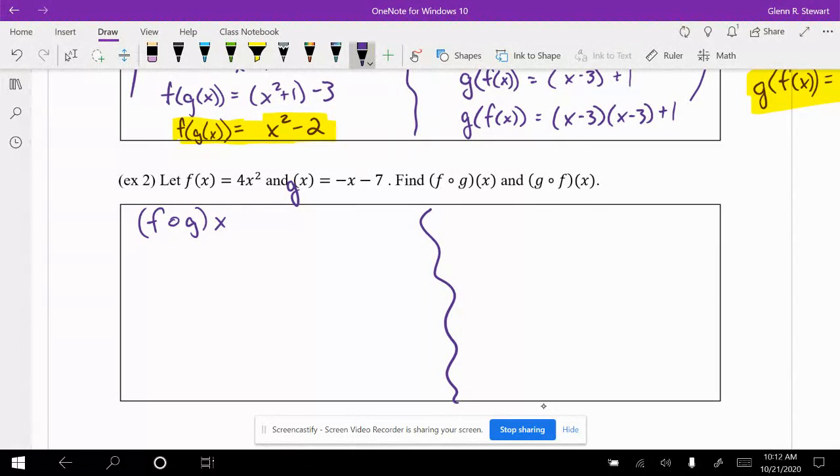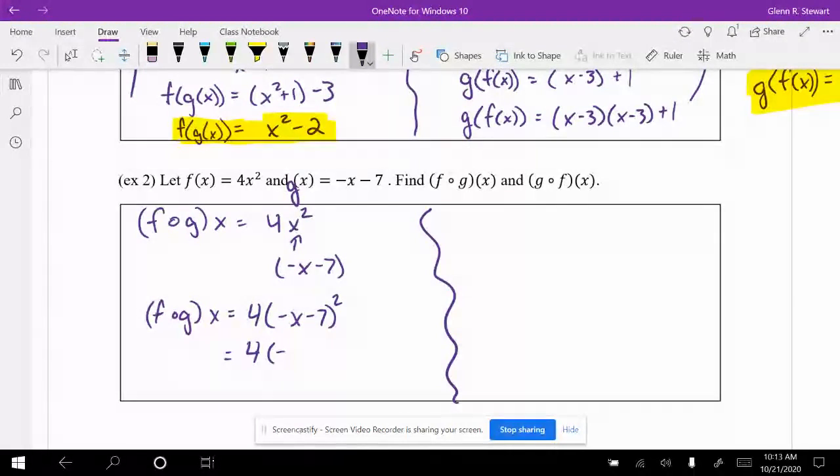So in this case, I'm starting with 4x squared, and where my x is, I'm going to have -x minus 7. So in this case, my f of g of x is equal to 4 times -x minus 7 squared.